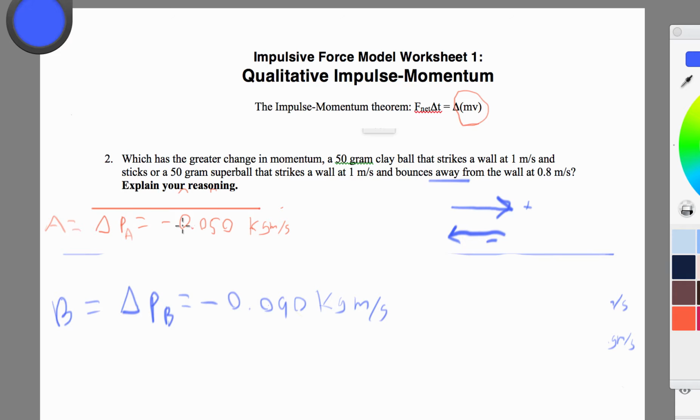So we look at A, it's negative 0.050. If we look at B, it's negative 0.090. So now getting to the problem, which changed more? Greater change in momentum. Well, the absolute value of this is larger than this. This changed by 0.05. This changed by 0.09. So this changed more. And our math is our reasoning. Okay. Let's look.